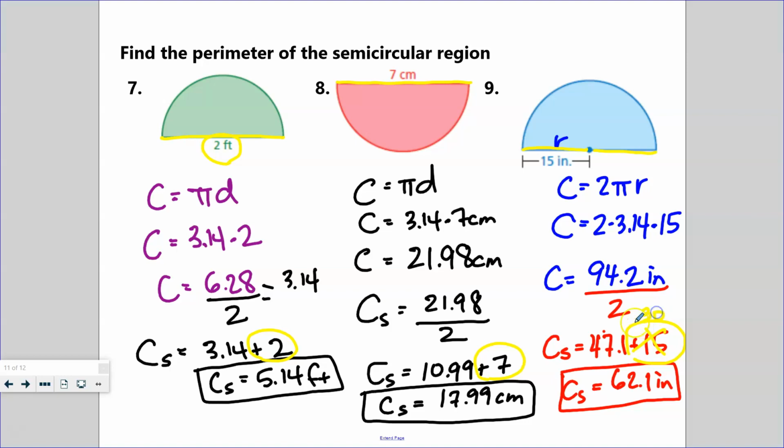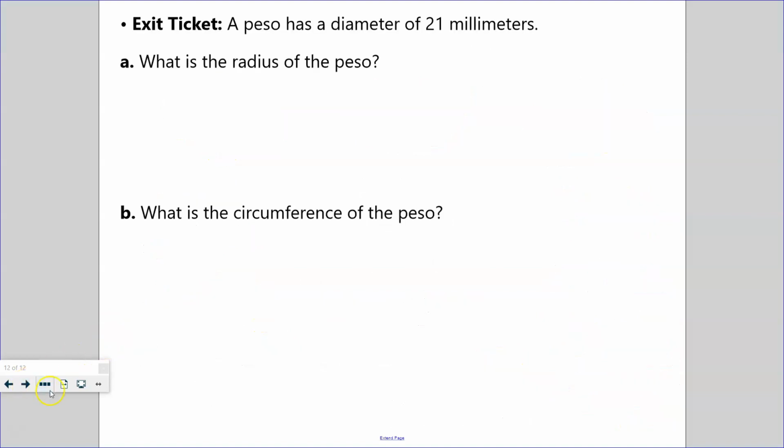It should be 30, because we need to add this piece plus this piece. So when you have 2r, it's not 62, but 15 more than that, and that would be 77.1 inches. All right, hopefully that made sense.